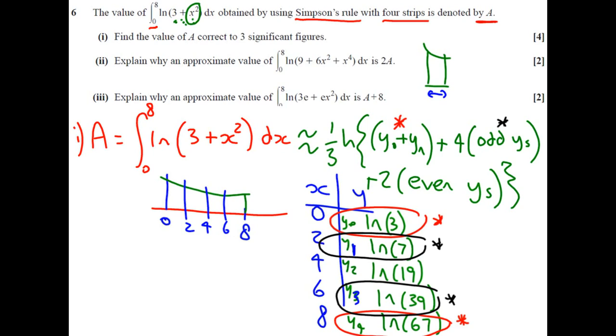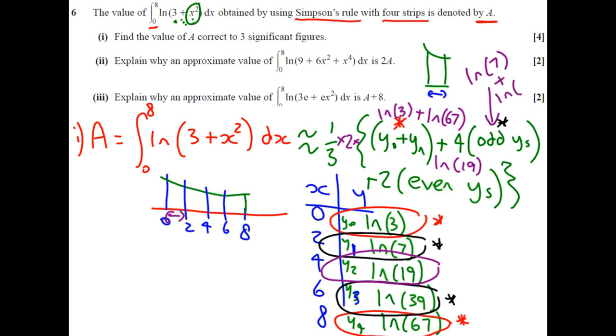And the last one is the even-wise, which is just ln of 19. Now, remember we said that h was how wide the strips are, which is 2, so we're going to change that to 2. And we're going to type all of this into our calculator. Here you're putting ln 3 plus ln 67, and here you're putting ln 7 plus ln 39.